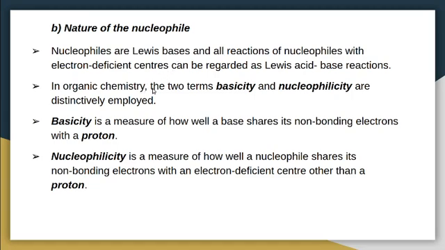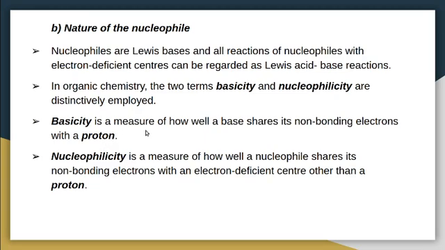In organic chemistry, we use two terms, basicity and nucleophilicity. They are distinctively employed. Basicity is a measure of how well a base shares its non-bonding electrons with a proton. But nucleophilicity is a measure of how well a nucleophile shares its non-bonding electrons with an electron deficient center other than a proton.